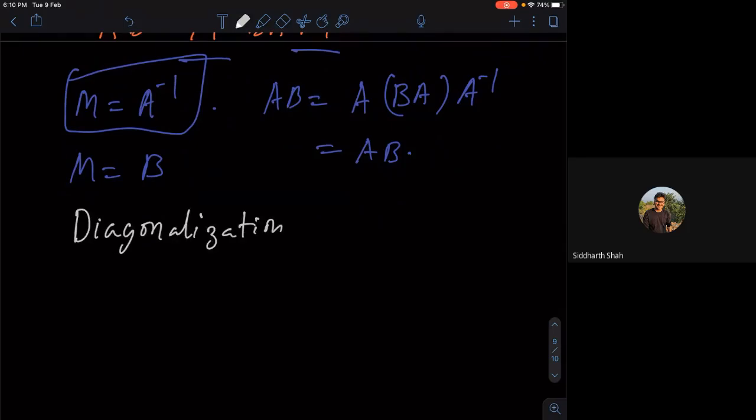diagonalization. So here is the thing. Let me go back to the matrix we have been looking at. We had 1, 2, minus 1, 4.